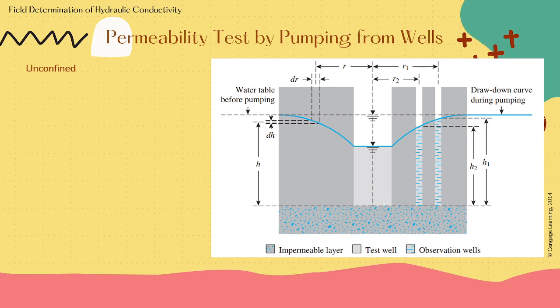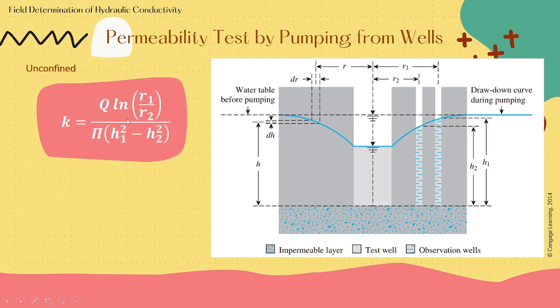For an unconfined aquifer, the hydraulic conductivity can be determined by using this formula. Take note that in this formula, Q is the rate of pumping or the discharge.